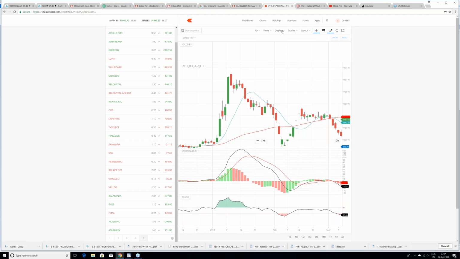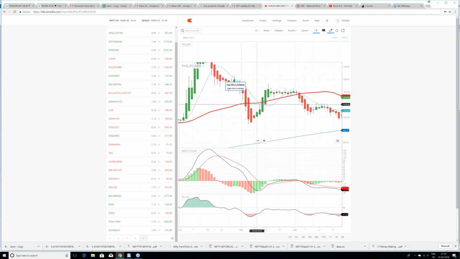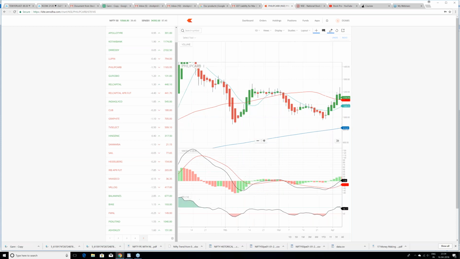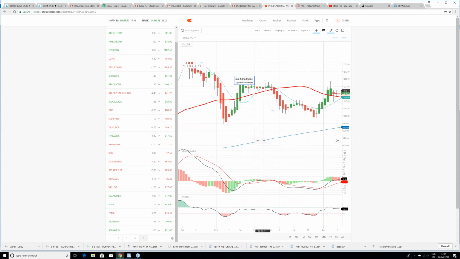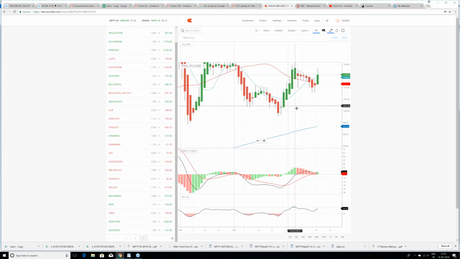After that, you simply exit your trade and stay out. You know that every time a flat head candle appears in Philips Carbon, you will enter here and exit here, right? Again, whenever the red color doji appears, exit your trade and then again enter. These are buy only stocks, remember. Do not short them, right?